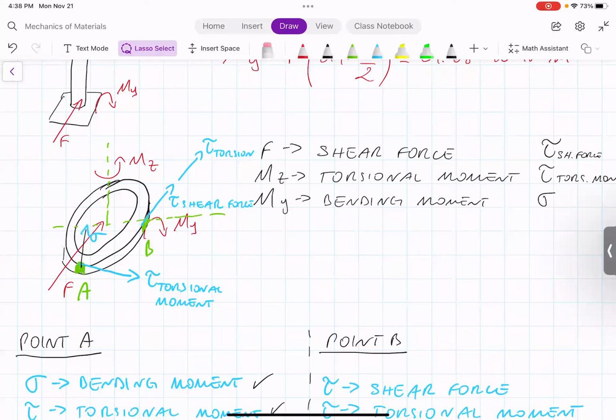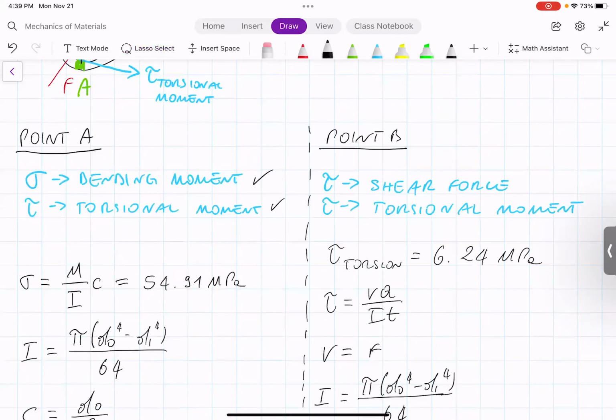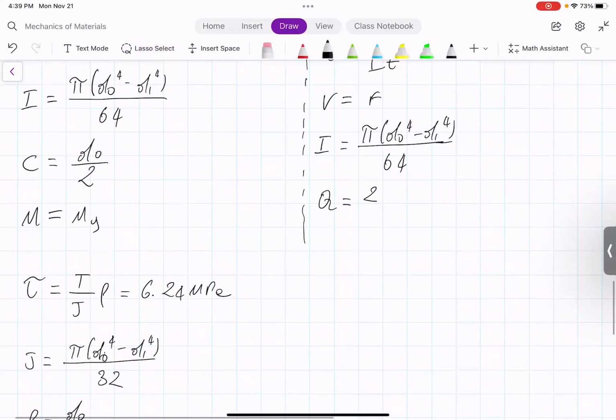And we saw how to calculate this in the past, and we obtained that the static moment is equal to 2 over 3 times the external radius to the power of 3 minus the internal radius to the power of 3.